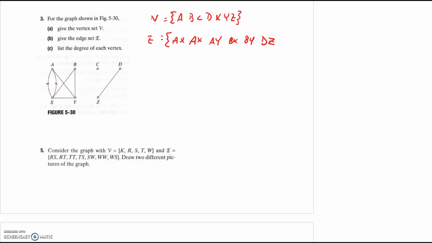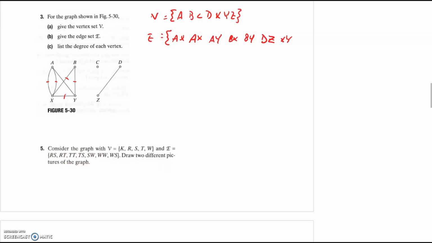Then vertex X, we already have the X's connected with the A's and the X connected with the B, but I have X connected with Y. On to vertex Y, I already have the edge connecting B and Y, and then onto vertex Z, I already have that edge as well.